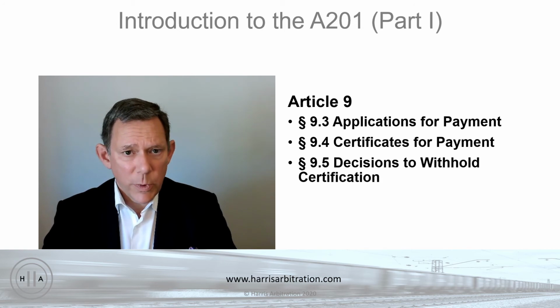And depending on whether the payment mechanism under the contract is fixed price or cost plus, the contractor has to submit different information in support of its application for payment. If it's an A101 fixed price contract, then the contractor has to submit an application for payment that says, all right, I've completed 5% of the work, so I want 5% of the contract price. And it's more complicated and detailed than that, but in broad strokes, that's how that works.